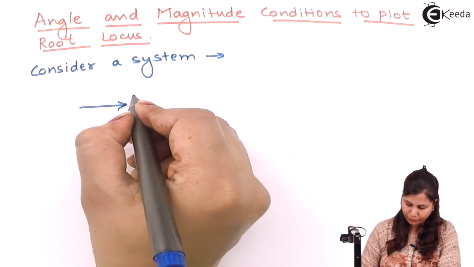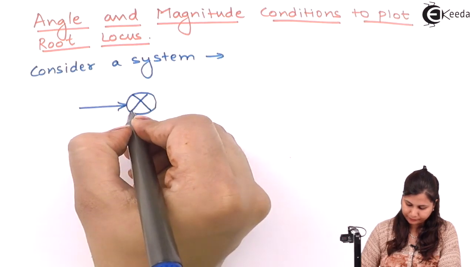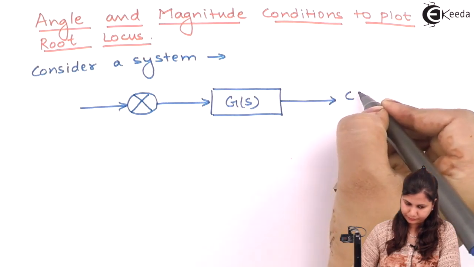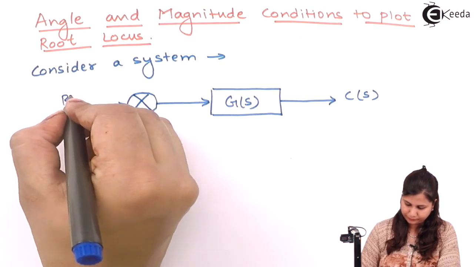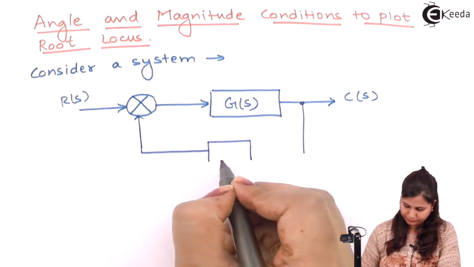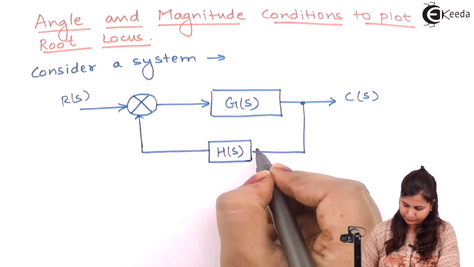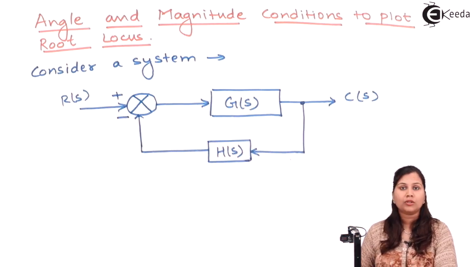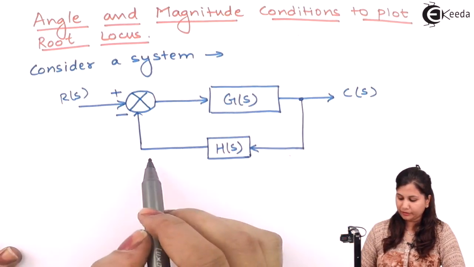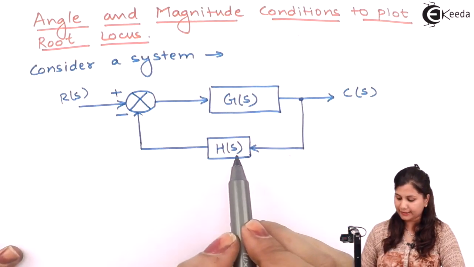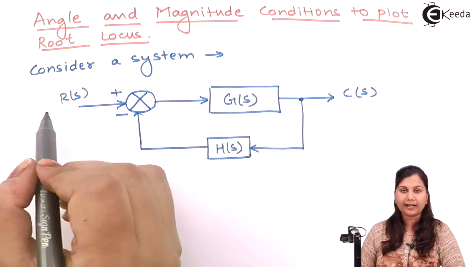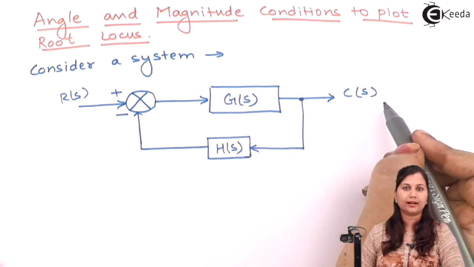It is the input, so this is a feedback control system. In the feedback path, we are having the gain as Hs, and this is the forward path gain Gs. Rs is the input and Cs is the output.